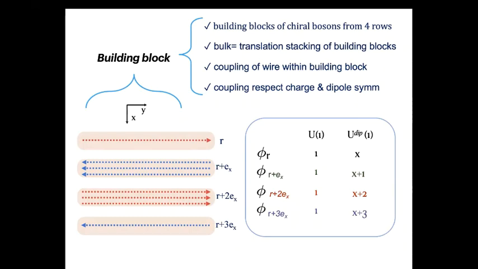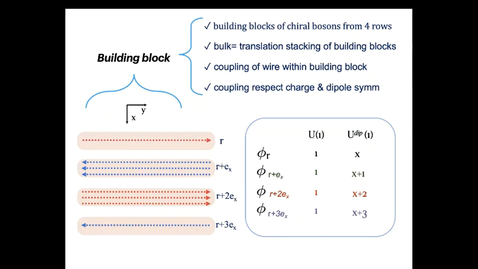These building blocks have interwire coupling which respects the charge and dipole symmetries, and the bulk degrees of freedom are just translations of these building blocks. And because the interaction only appears within the same building block, all I need to do is figure out a symmetric way that can gap out all of the gapless degrees of freedom in the building block. Then I can manifest that the bulk degrees of freedom can be fully gapped.